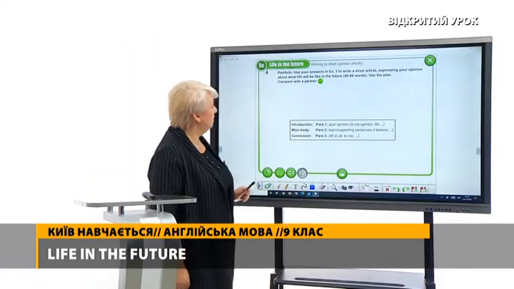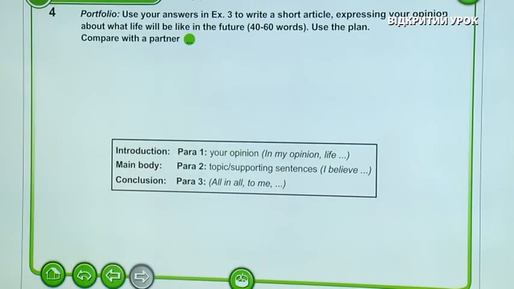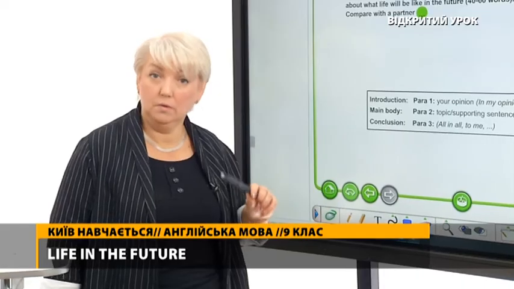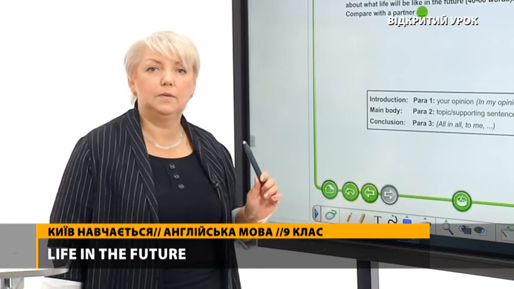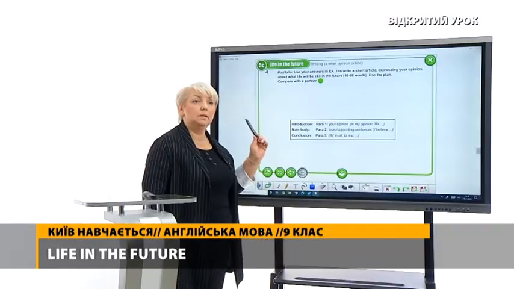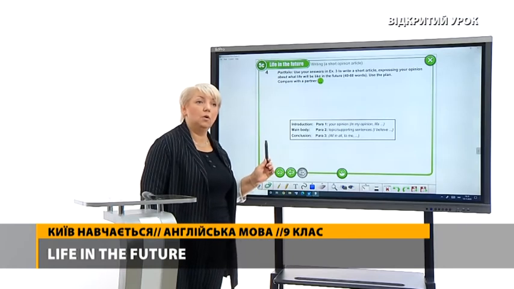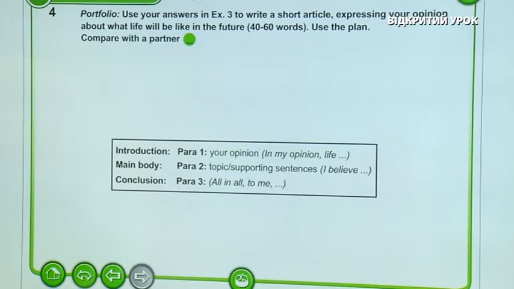And now you have instruction for writing your own opinion essay. You can use those pieces of writing you did for this time as your home task and add there linking words, necessary expressions for expressing your opinion, and it should have the following structure.